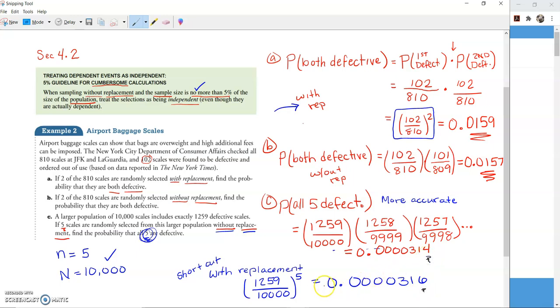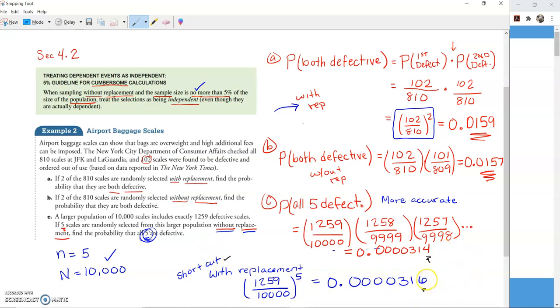So the idea is this shortcut saves us time and makes things easier, and we only have to give up a tiny bit of accuracy, because with decimals that far out we're not talking a huge difference. As long as your sample size is smaller than 5% of the population size, we can use this shortcut, and the time it saves makes it worth it.